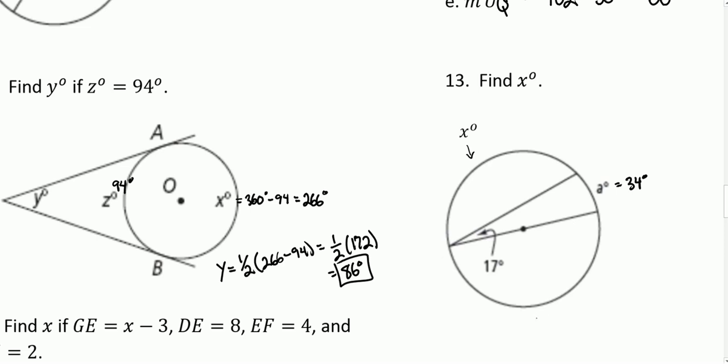Also, we have a diameter, so this is 180 degrees here. So X is 180 minus 34, which is 146.